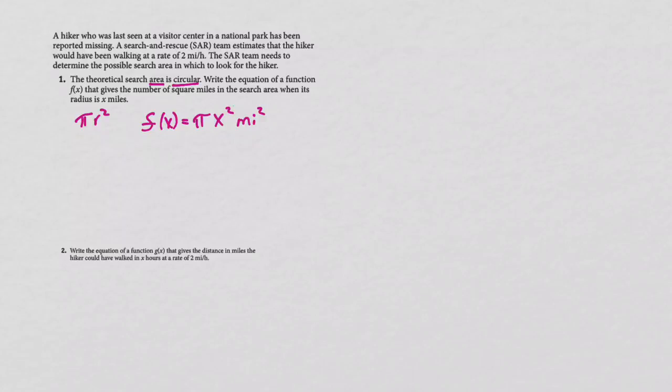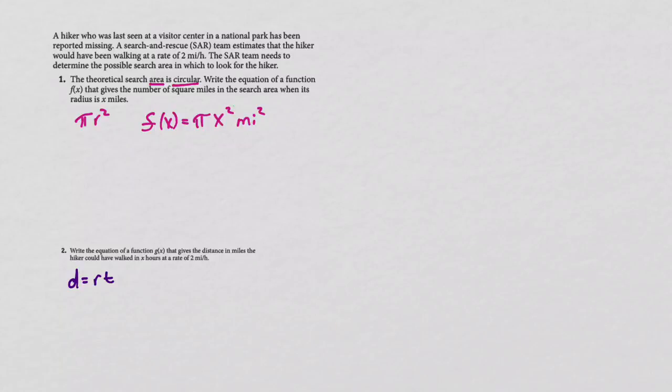The second part of this says write an equation of a function g of x that gives the distance in miles the hiker could have walked in x hours at a rate of 2 miles per hour. Well, right off the top of my head, I immediately see that this is going to be distance equals rate times time.